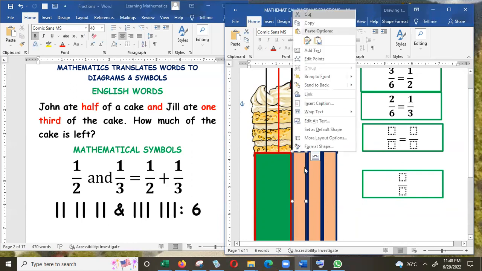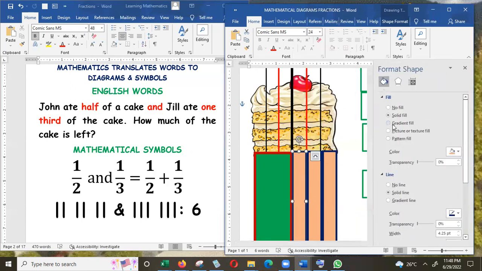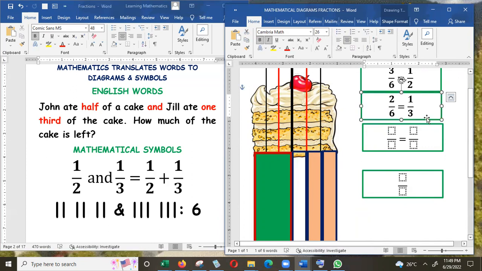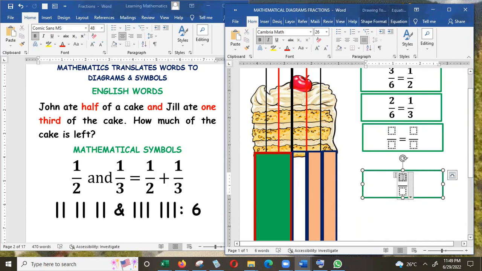Okay. So 1/6 that is left. One out of 6 slices of cake is left.